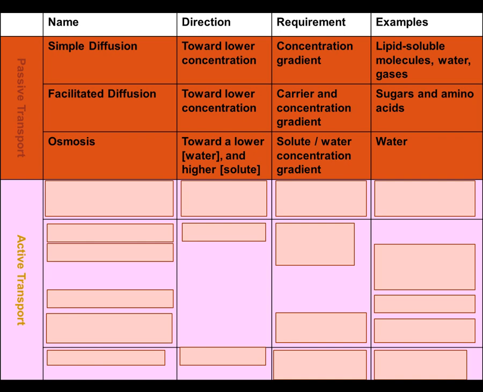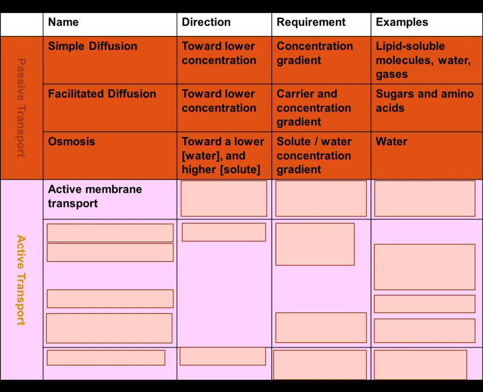I want to contrast these two different modes of active transport and then follow up with some images. The first we're going to talk about is active membrane transport. And you know the direction is what? Up, or the word I use is against, but they imply the same thing.